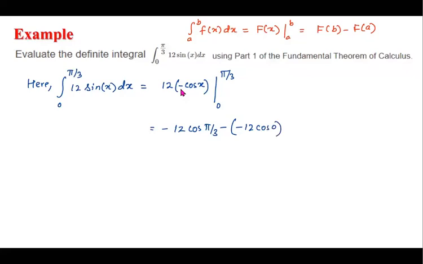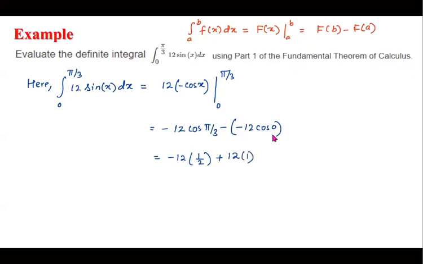Okay, now let's see what we get. So we have negative 12, and then cosine pi over 3 is a half. Then minus and minus means plus 12, and then cosine 0 is 1.